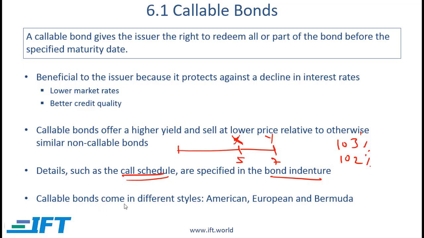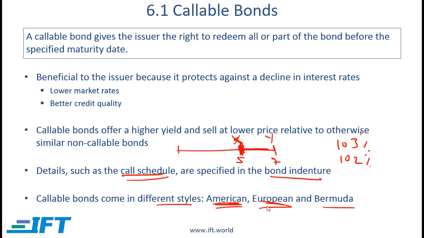Callable bonds come in different styles: American, European, and Bermuda. American style bonds are also called continuously callable bonds. With these bonds, the issuer has the option to call the bond on this day or any day after this particular day.